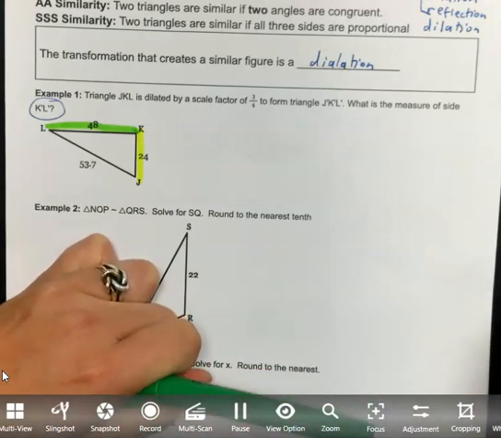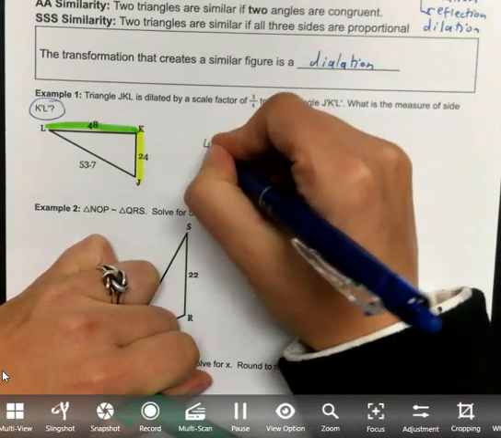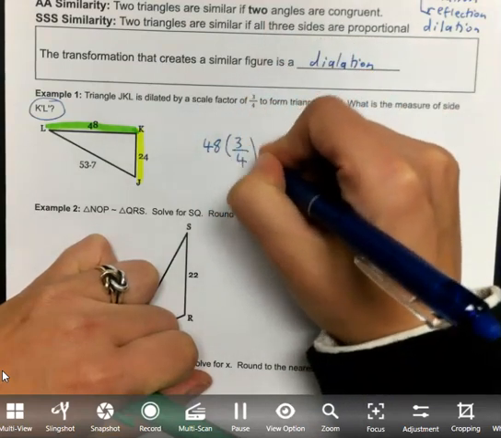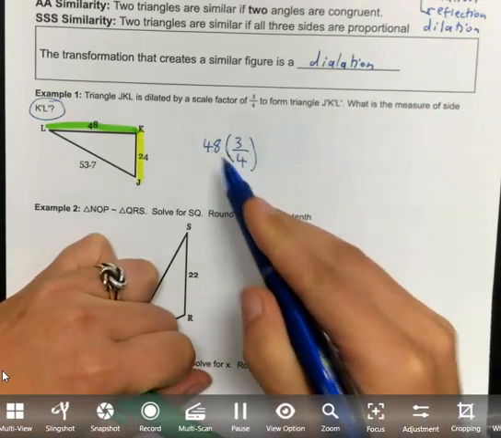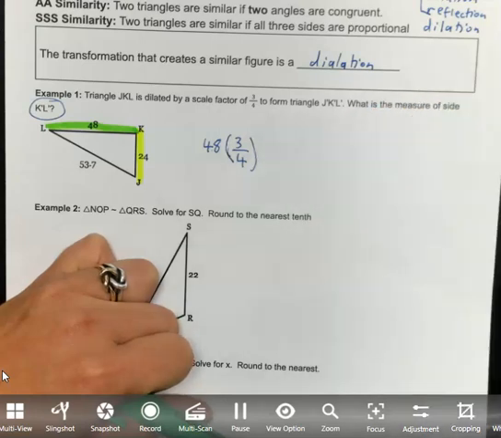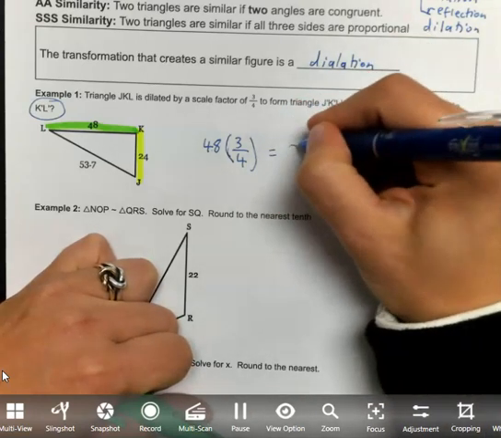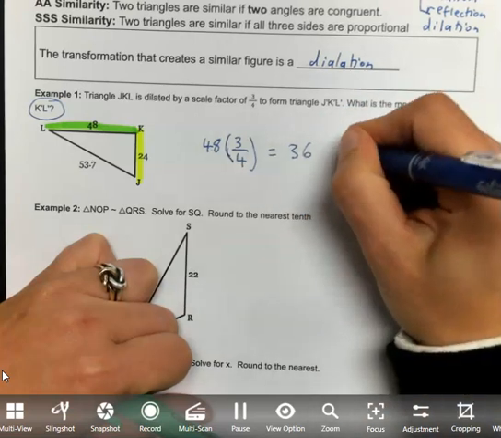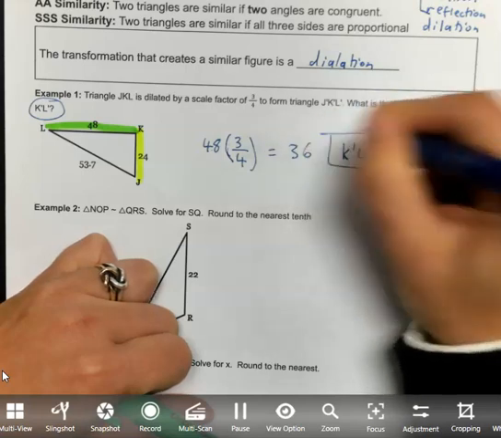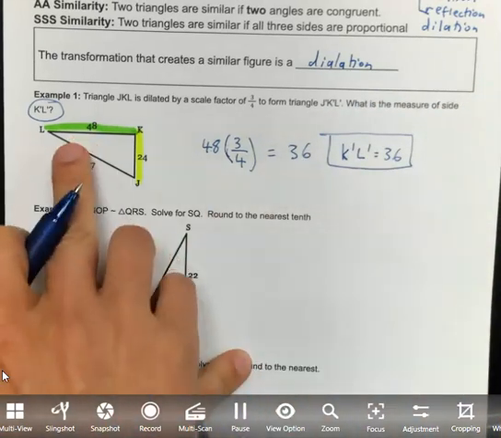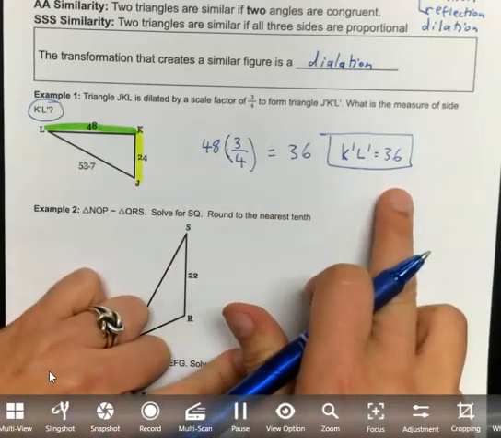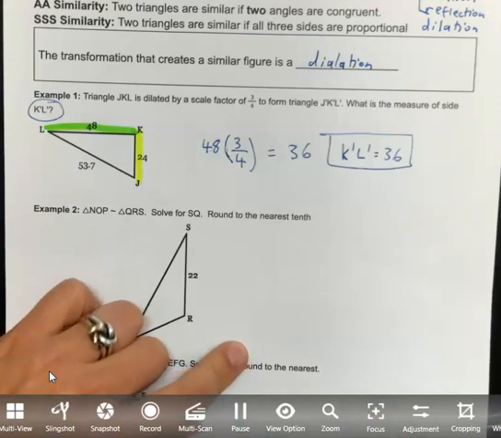I'm going to take that 48 and multiply it by my scale factor, 3/4. 48 divided by 4 is 12, and 12 times 3 is 36. So my K prime L prime is 36. After my scale factor, notice that my new KL got smaller. Why? Because we're multiplying by a number that's less than 1.